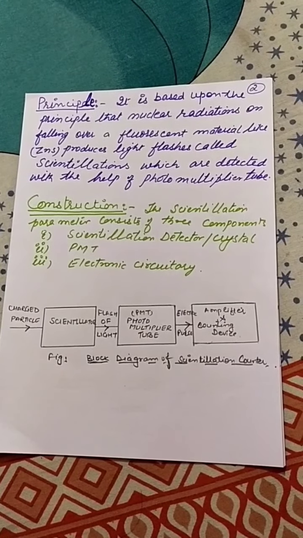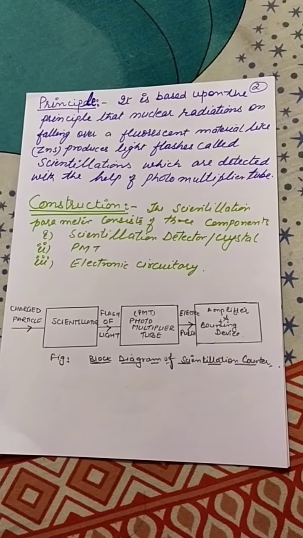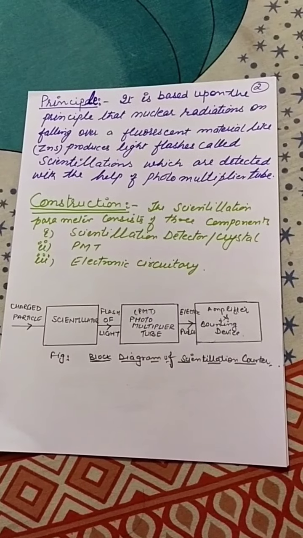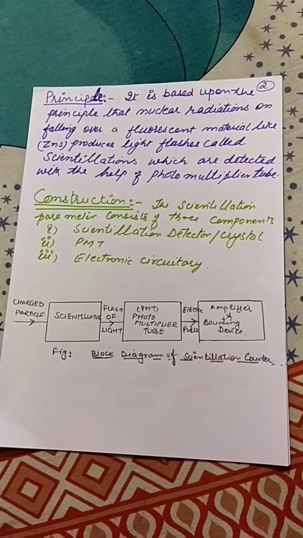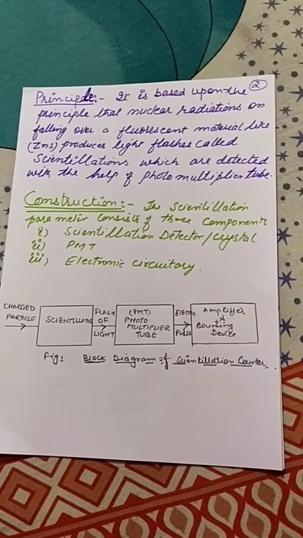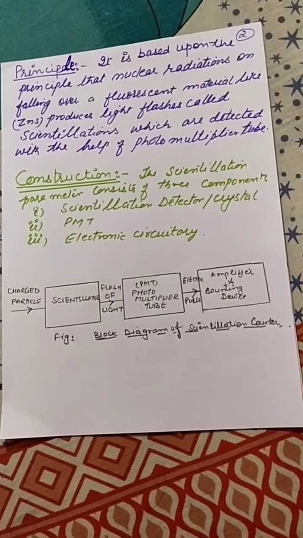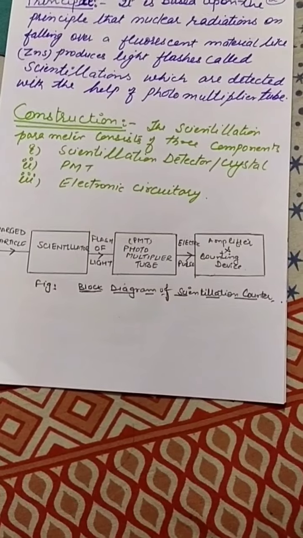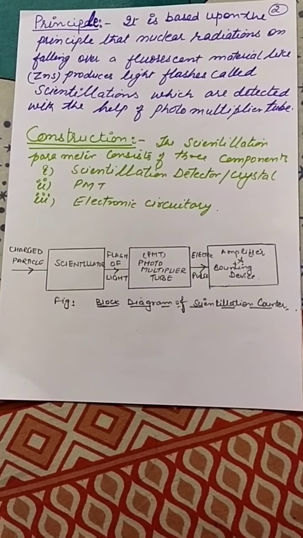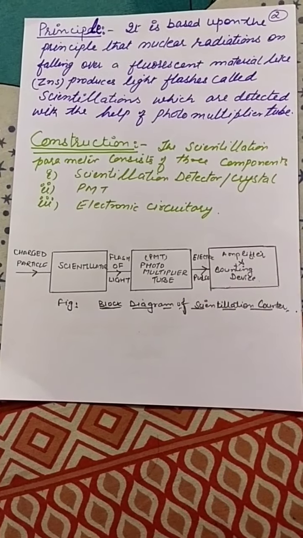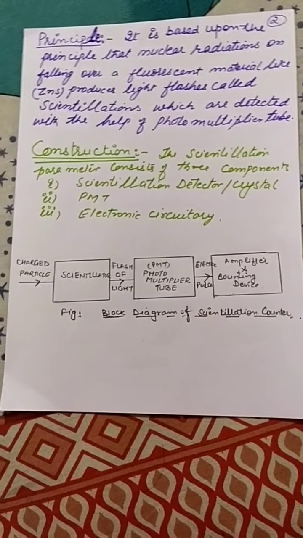The scintillation spectrometer consists of three main components. One is the scintillation detector or crystal. Second, the most important, is the PMT or photomultiplier tube. Third is the electronic circuitry. So today we will discuss them one by one.